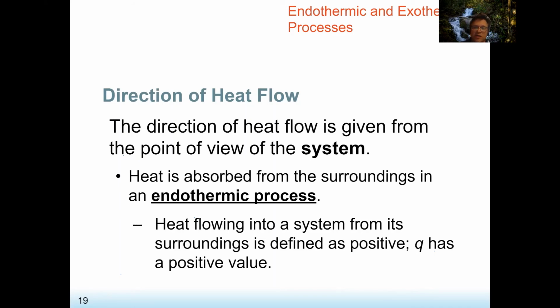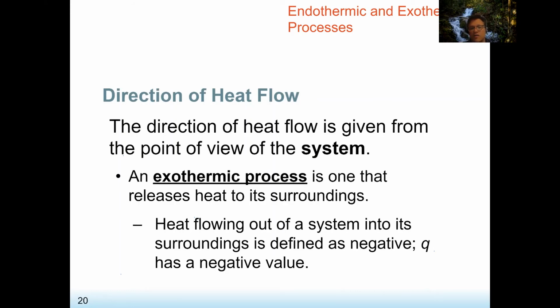We talk about heat flow going into a system having a positive value. So if heat is going into something, then the heat value, the number, will be positive. If heat is going out of the system into the surroundings, it's exothermic, exo meaning outside. When this happens, we think of the heat value as being negative. So heat being lost is negative.